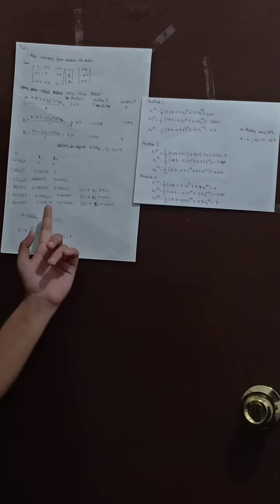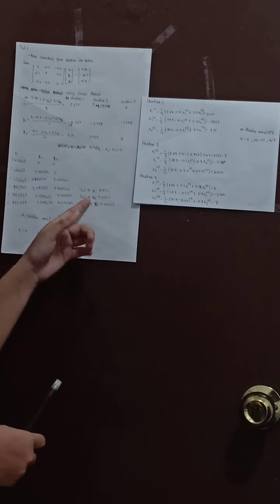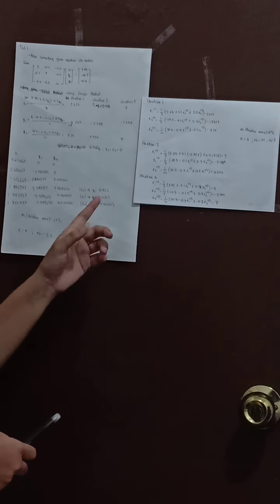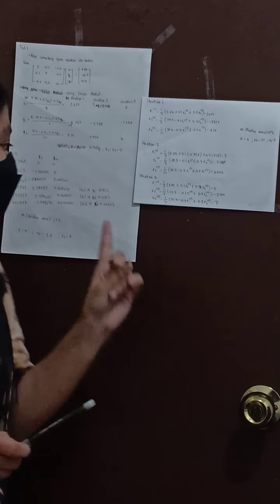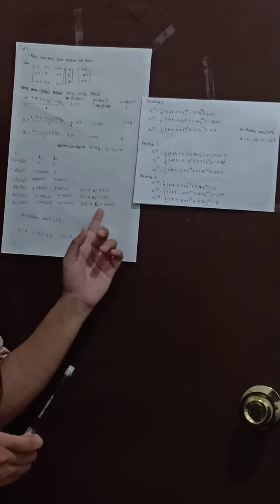So as you can see here, this would be the table. For x1, x2, and x3, the relative error is less than 2%. You can see x1 equals 0.31%, x2 equals 0.015%, and x3 equals negative 0.042%.